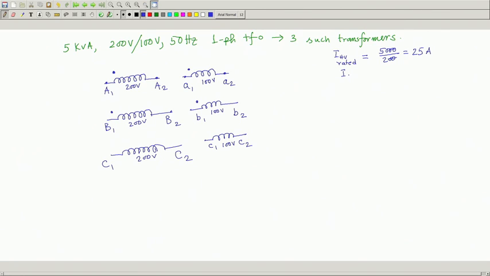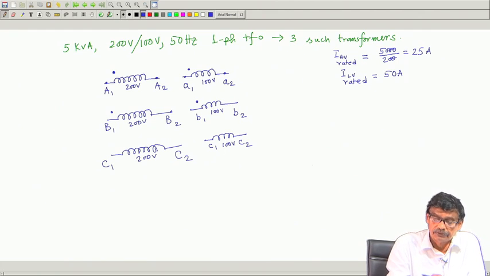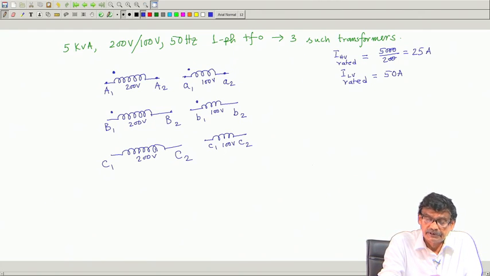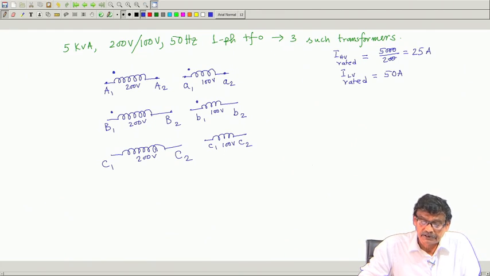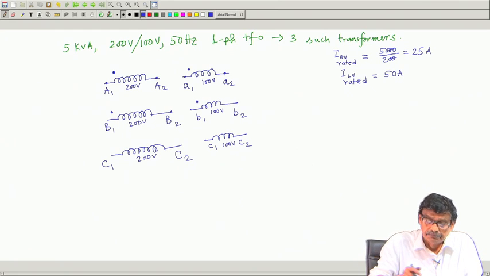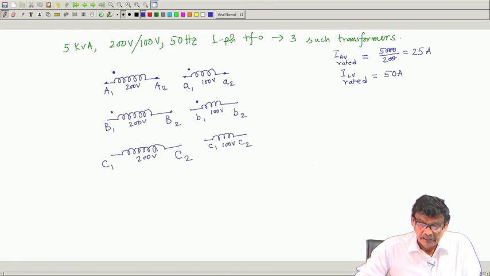Similarly, ILV rated will be is equal to 50 ampere, we can calculate. So, rated current of these transformers are also known, rated voltages are known, and I have marked the terminals.